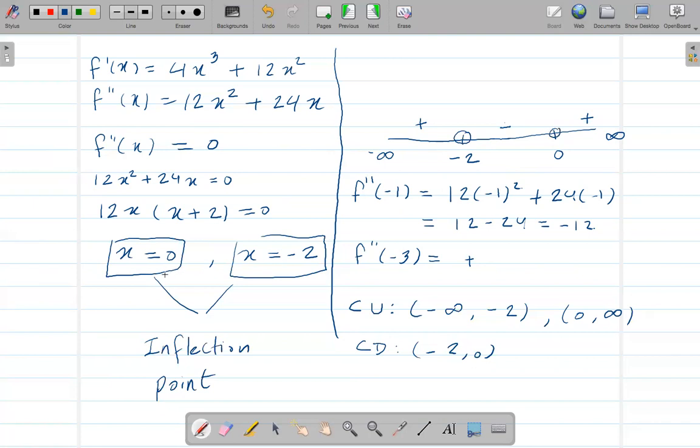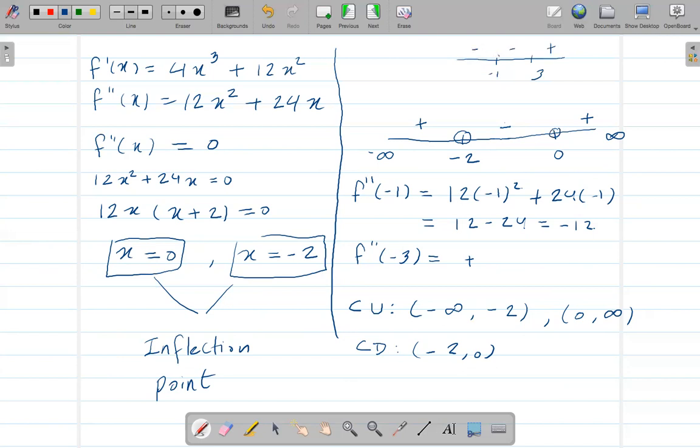So you cannot simply say these are inflection points just by getting these two numbers, just like we did for critical numbers. Critical number is different. For inflection points, you need to follow this process. Let's say you get negative here, positive here, and this is -1, negative, and this is 3, then here we have negative, here we have negative.